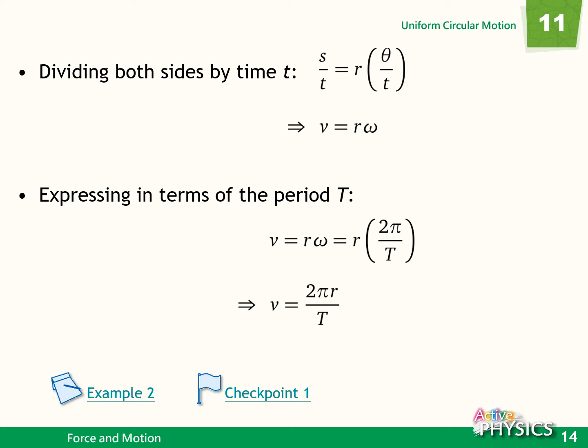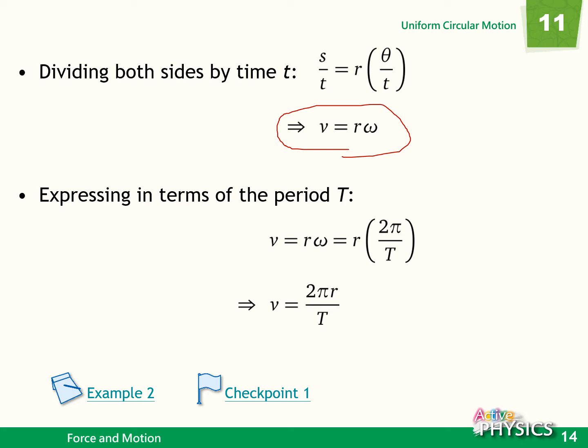Then divide both sides by t. So s over t is the linear velocity, and theta over t is the angular velocity, which gives v equals r omega. This is what I skipped yesterday, because it is quite difficult to get this relation if you haven't learned how to find arc length.